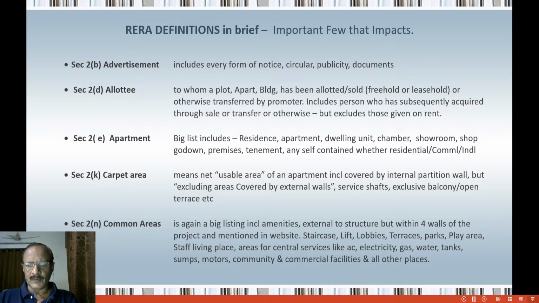Apartment. It's a huge list, and whichever way you call it, anything that is covered. There can be a block, a chamber, a dwelling unit, a flat, in a commercial office, showroom, shop, godown premises, or a suite, a tenement, or any other name, means a separate and self-contained part of any immovable property, including one or more rooms or enclosed spaces located on one or more floors.